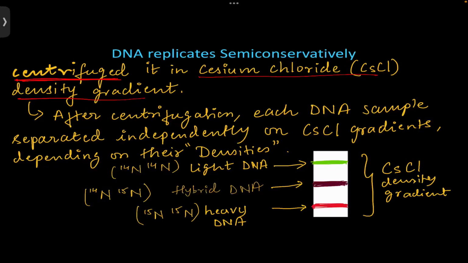In this way, they separated the DNA molecules on the basis of their density, using cesium chloride solution. So after centrifugation, what happened? Each DNA sample taken from the E. coli cells of every generation separated independently on the cesium chloride gradient, depending on their densities.